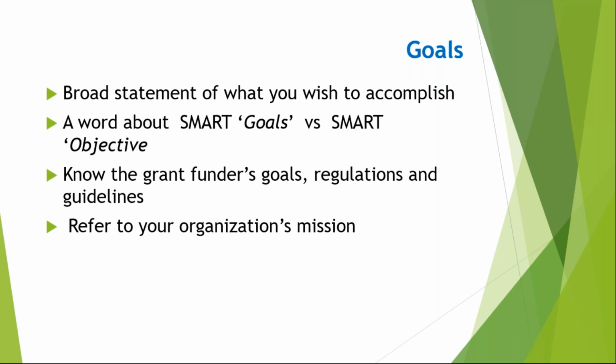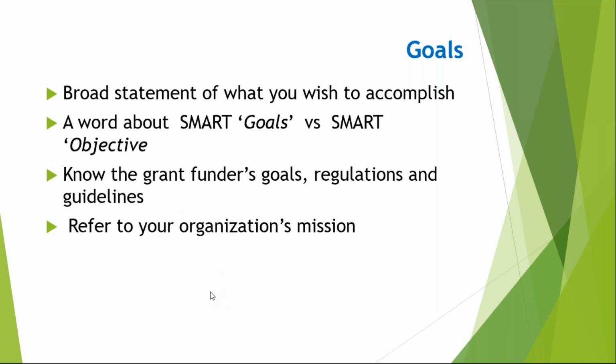Another thing to keep in mind when you're writing goals, and some of you will submit applications for all 5 applications, is you need to know the grant funders' goals, regulations, and guidelines. So it's not just the source of where the funding's coming from, but also those goals and regulations and guidelines that come through OAIV.